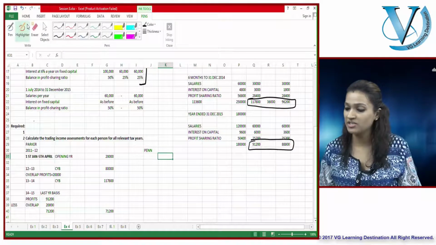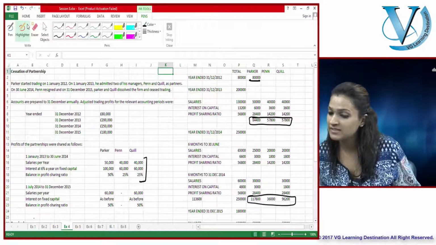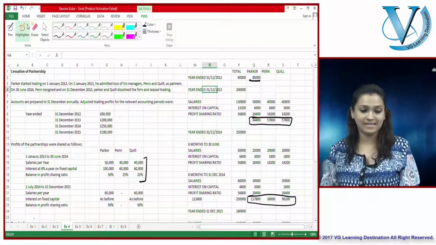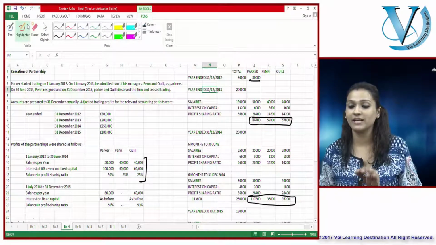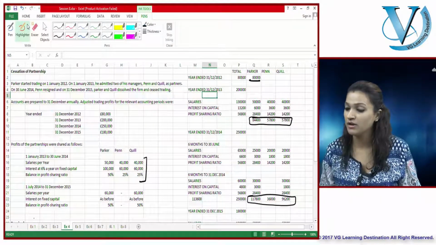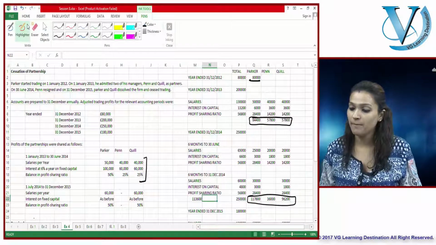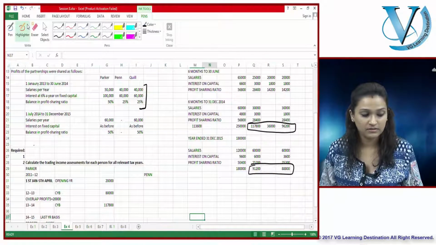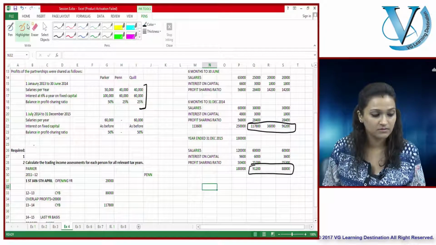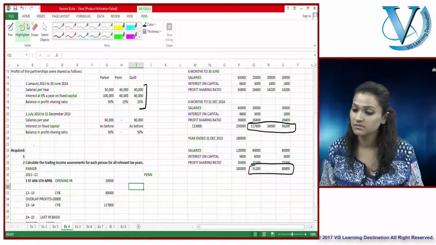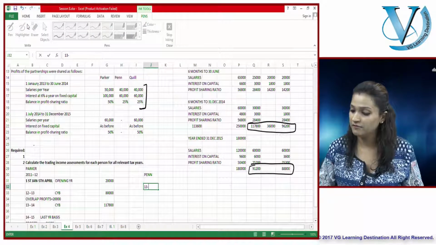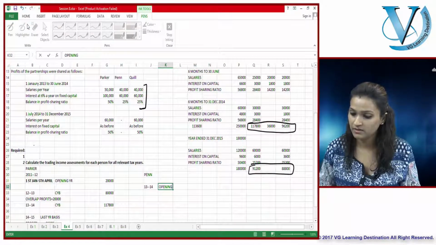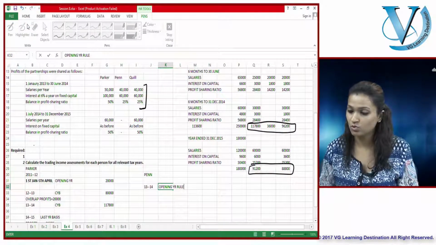Now, Pen has started trading in which year? The first year, this is not there. So, the first year when Pen has come in is 13, 14, which is the first year of trading for Pen. For Pen, 13, 14 is the first year basis. You follow your opening year rules.